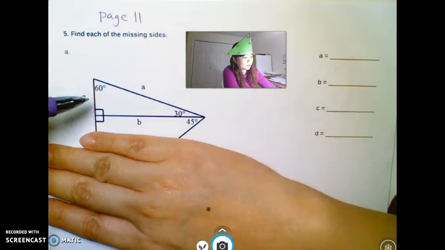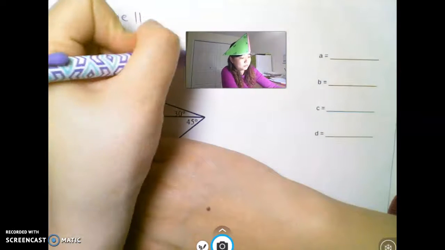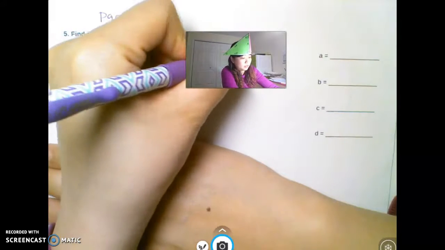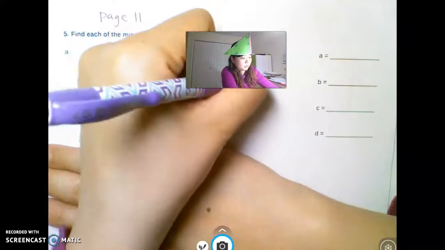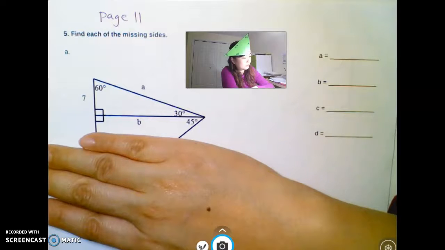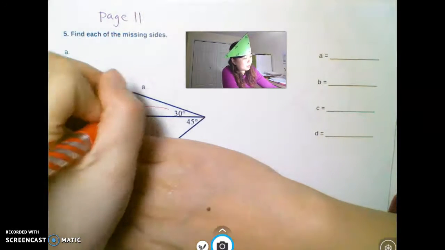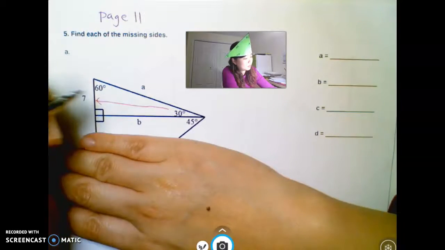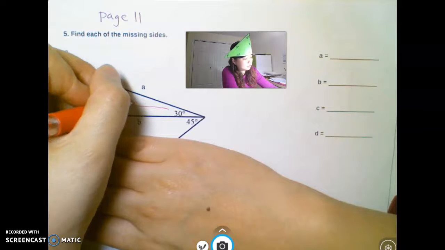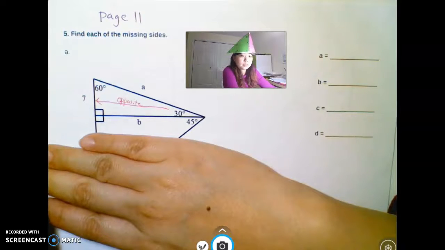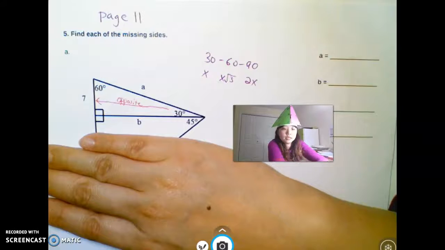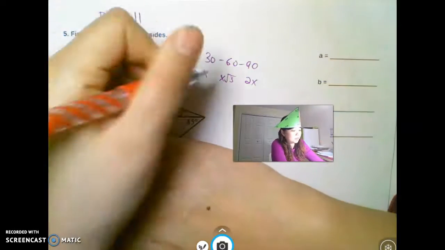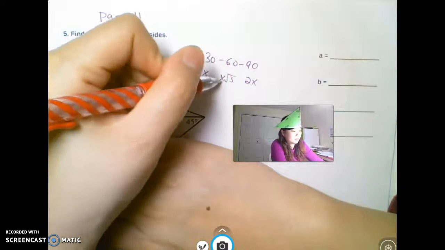Let's do ABC first. So we have 30, 60, 90, so it's x, x root 3, 2x. What do I have in here? I have the side opposite 30, which is 7. So x is 7.